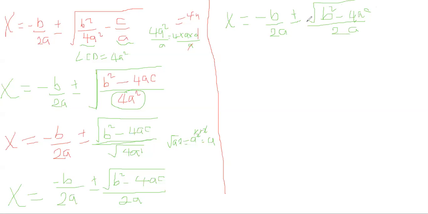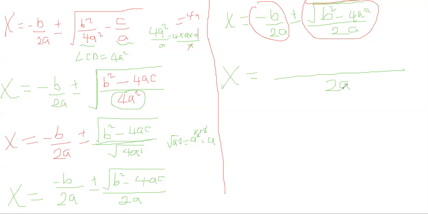So we have to combine these two expressions together, and to do that, we have to find the lowest common denominator of each of the expressions. So obviously the lowest common denominator of 2a and 2a, obviously it will be what? 2a.